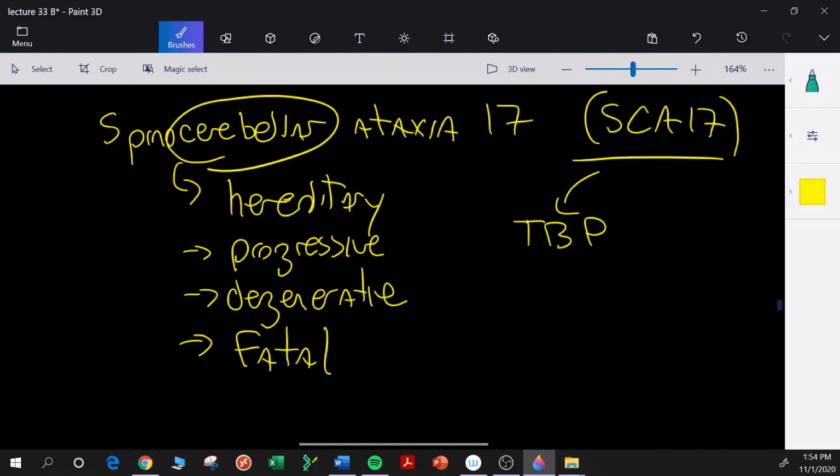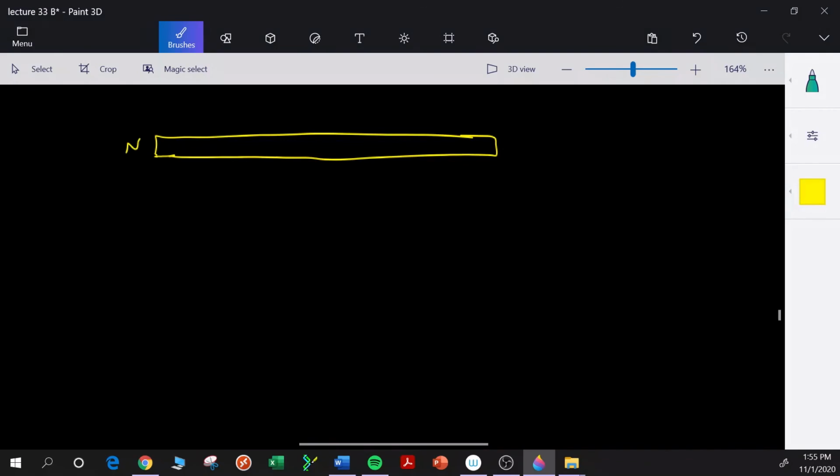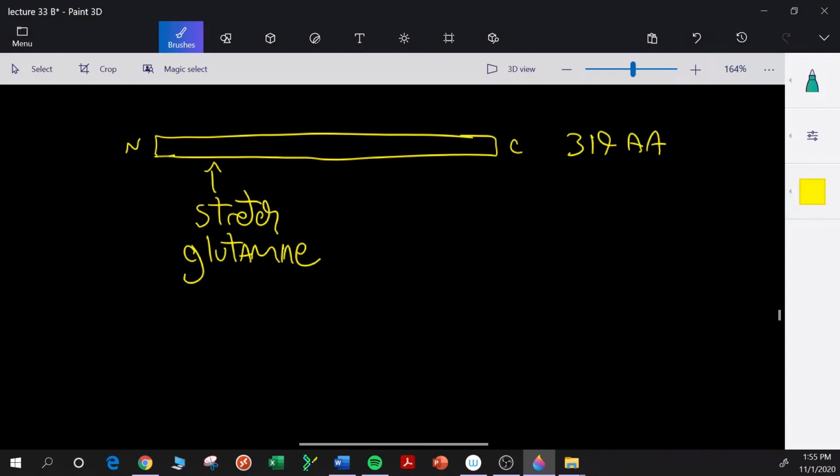If we look at the structure of TATA binding protein, if this represents the protein with the N-terminal end and the C-terminal end, it's 319 amino acids. And up here, there is a stretch of glutamine amino acids.